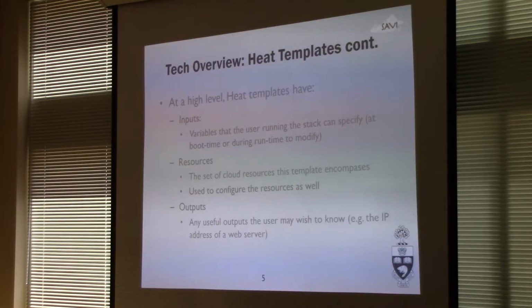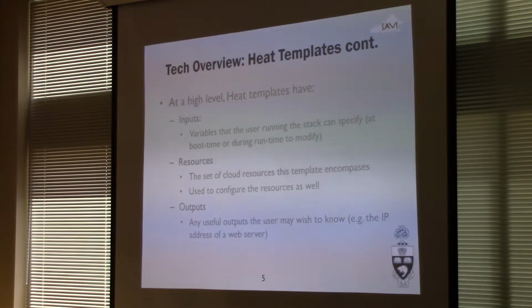So at a very high level, heat templates have three things. They have inputs, resources, and outputs. The inputs are basically variables, which you can see later on. So any input variables you need to feed into the template, for example, what names do you want these virtual machines to be called? You can use a variable for that. Which regions do you want different things to be added in?